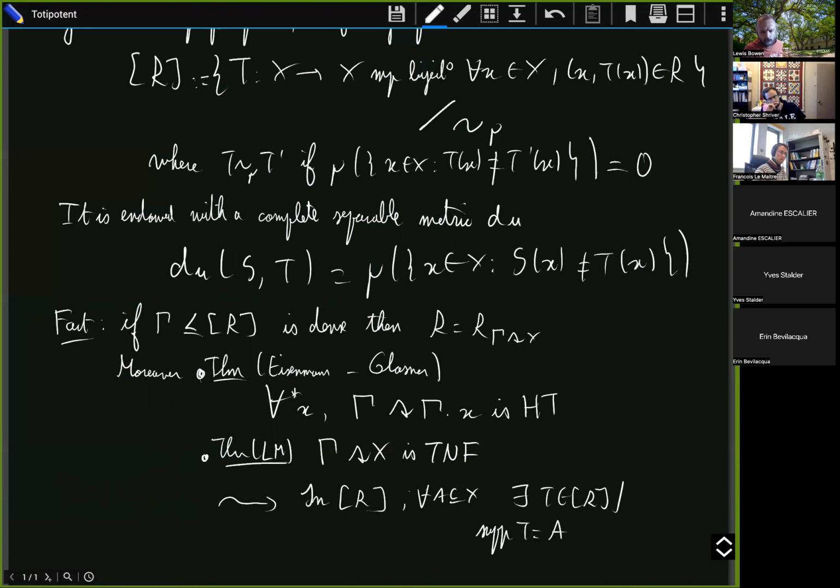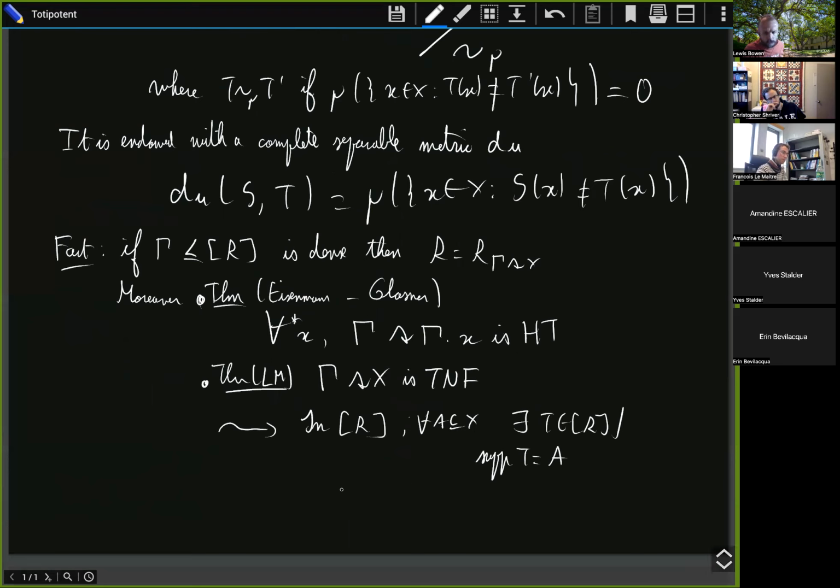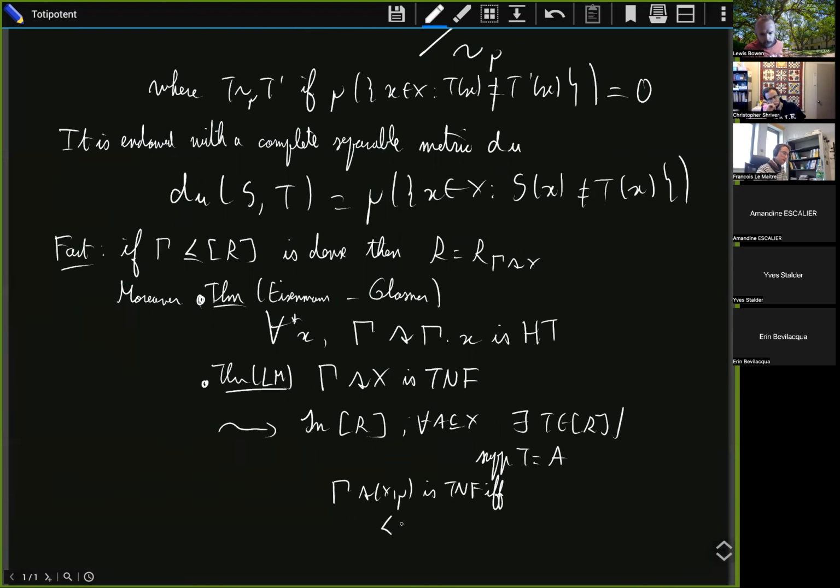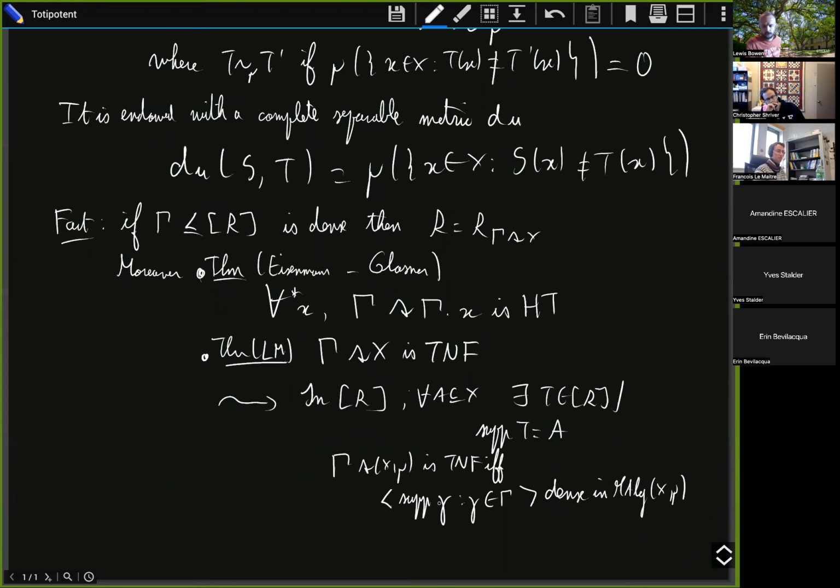Okay? And now remark that Gamma acting on (X, mu) is totally non-free if and only if the algebra generated by the supports of gamma, for gamma in Gamma, is dense in the measure algebra of (X, mu), because this is exactly saying that up to measure 0, the algebra generated by these is exactly what you get when you look at the stabilizer map.